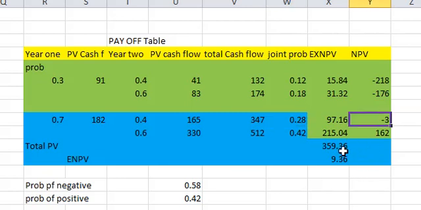So the probability of having a negative will be the summation of these three, which gives us 0.58. And the probability of having a positive is only 1 minus that, which is 0.42, which is similar to what we discussed in our previous slide when we were using a decision tree.